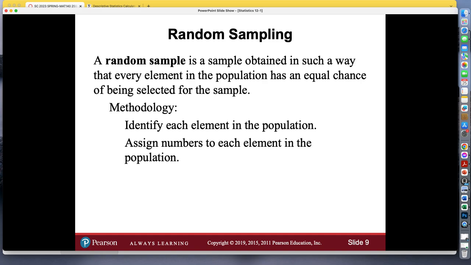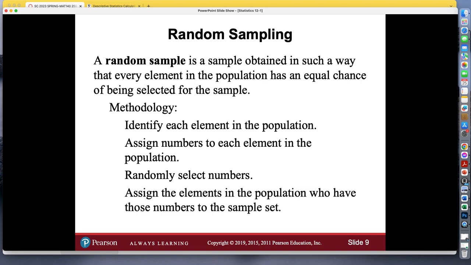Typically you've got that list, you assign a number to each person on the list, and then you have a computer randomly select the numbers, and those will be the people who are surveyed. And typically, because of the randomness, that will give you a better representative sample. Okay.